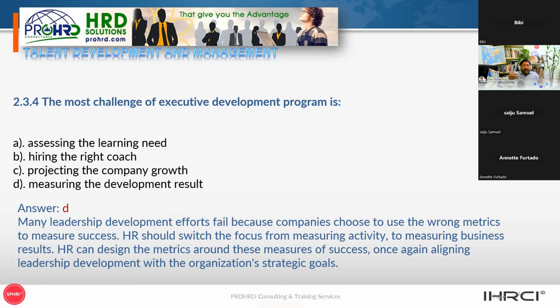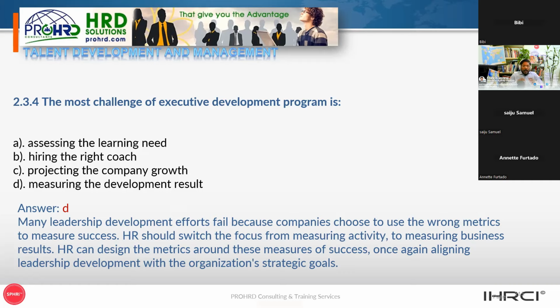Or participation rate, above 80% people are participating, that also doesn't guarantee. So HR should shift that focus towards measuring the tangible business results, not the input, how many hours we spend or the participation rate, that doesn't count.